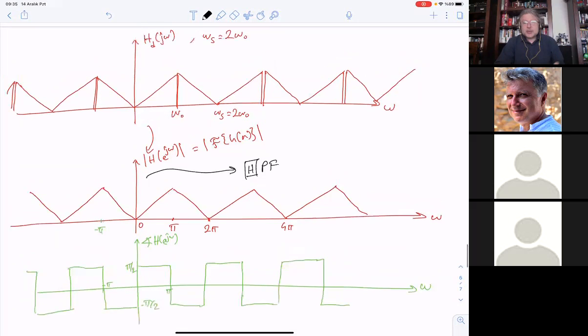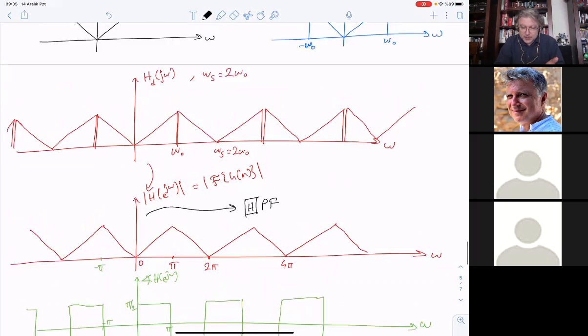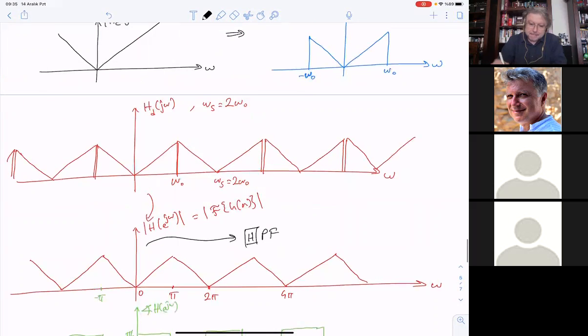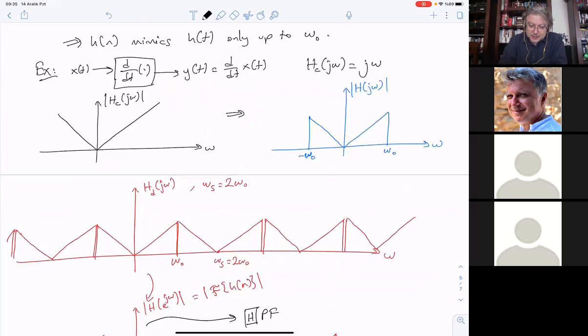Now, if I give you in an examination, let's talk a little bit about how we can come up with questions. If I think of asking a question, what kind of a question may I ask from here? I can give you a shape of a continuous time filter.